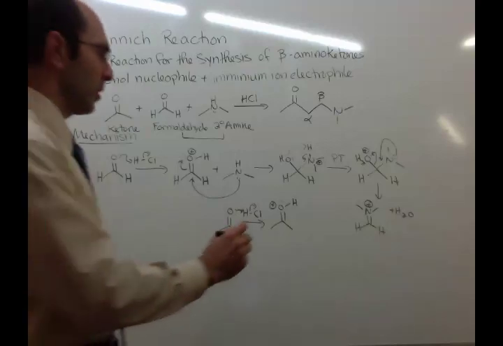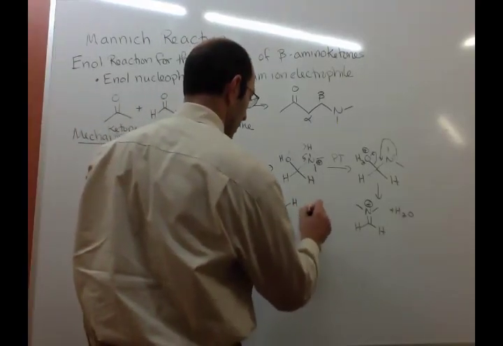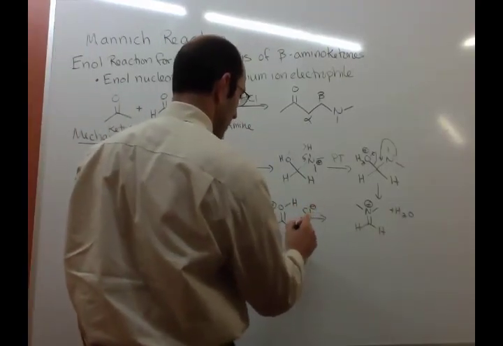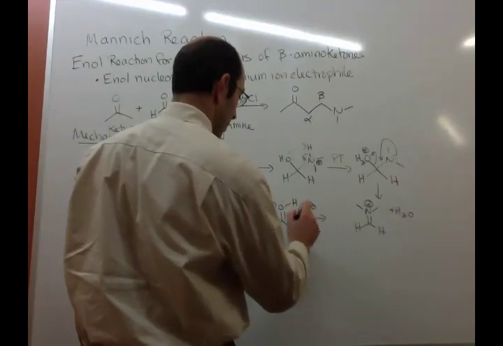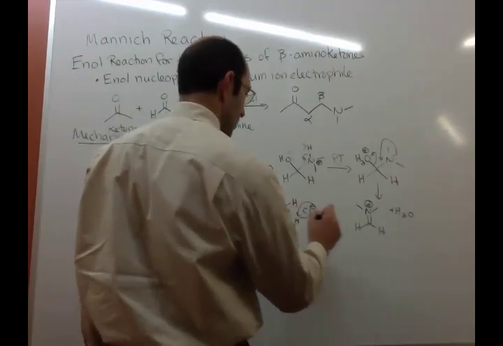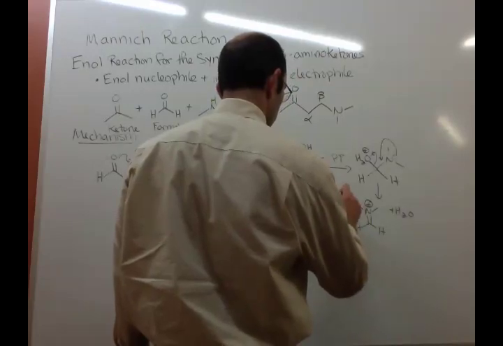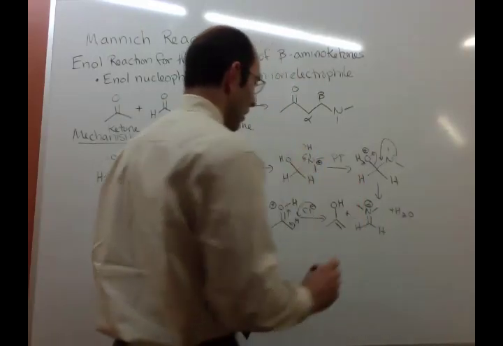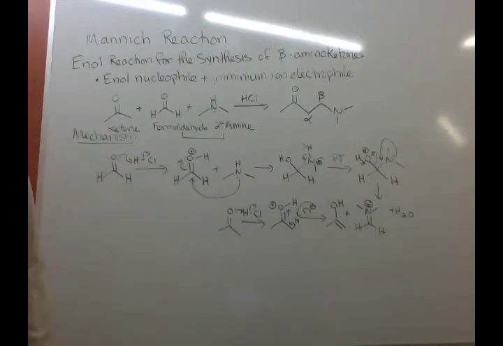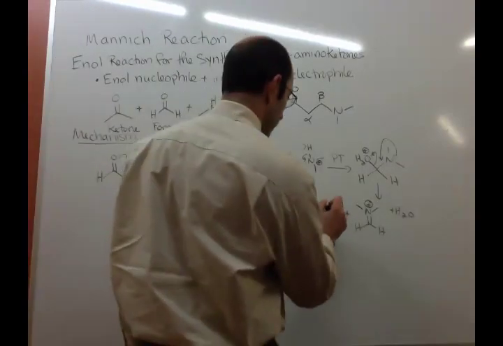And then we can just do the reverse of our standard tautomerization reaction, generate an enol. And now we're set to have the enol react with the iminium ion.